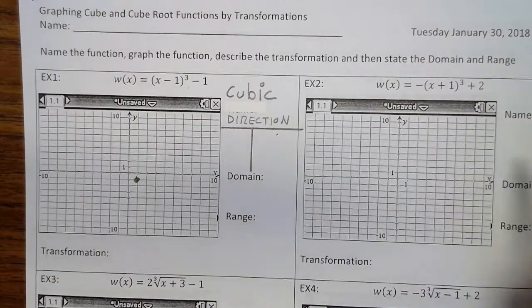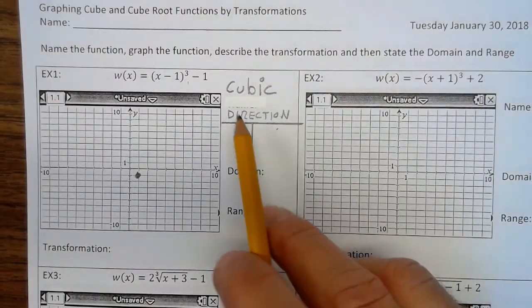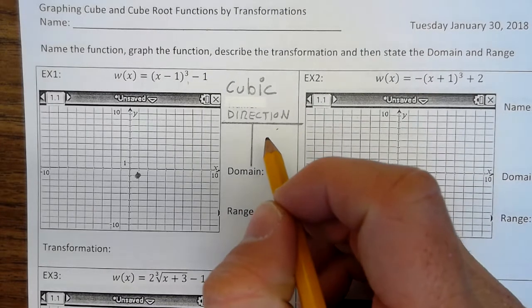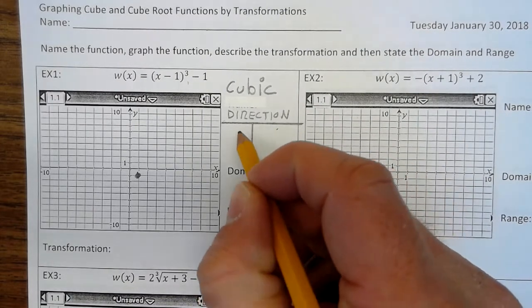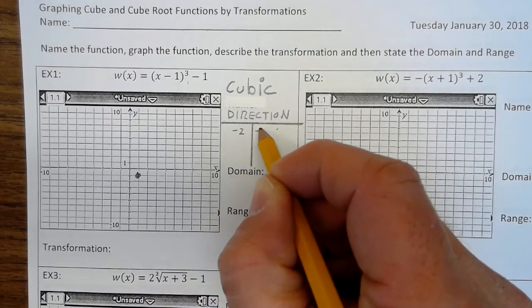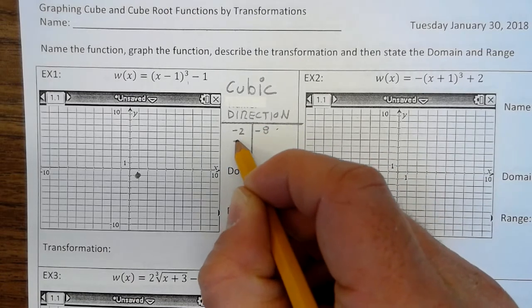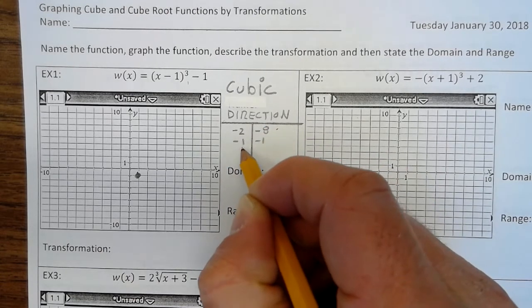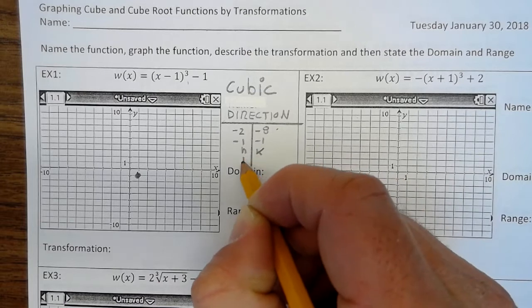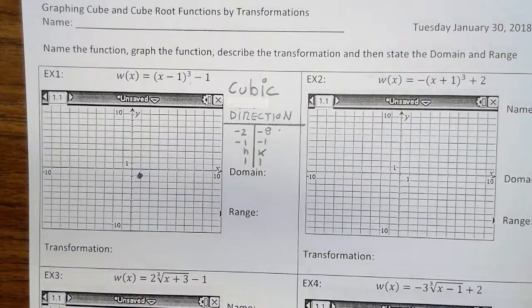And we know from the notes here that since it's cube root, we go -2, -8, -1, -1, HK, 1, 1, and 2, 8.